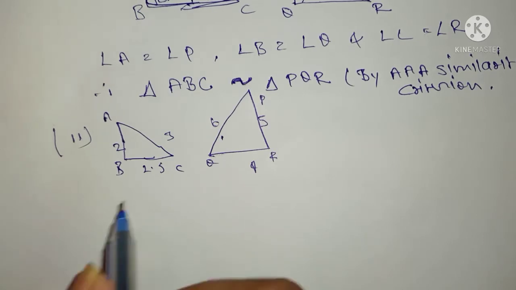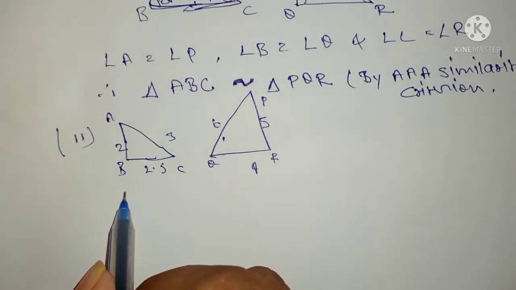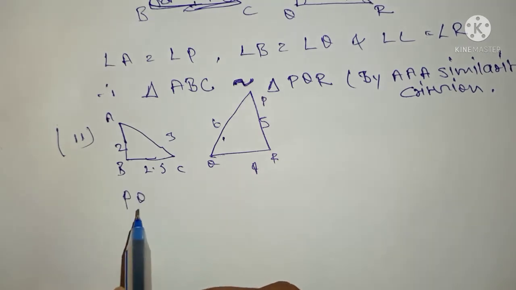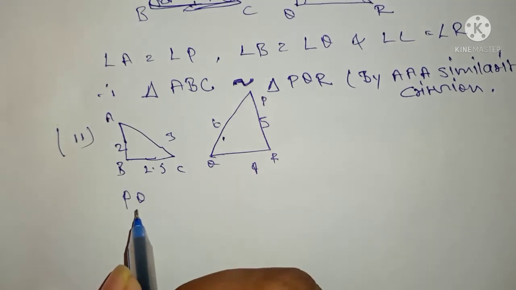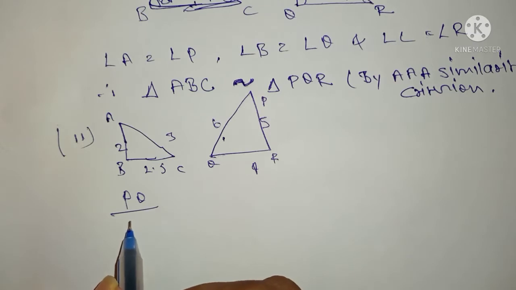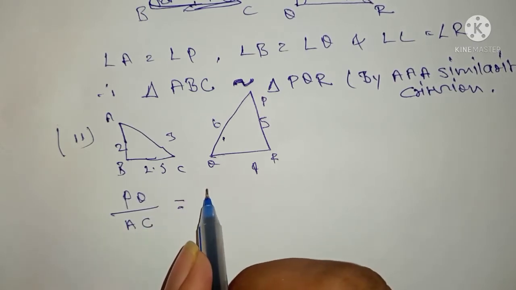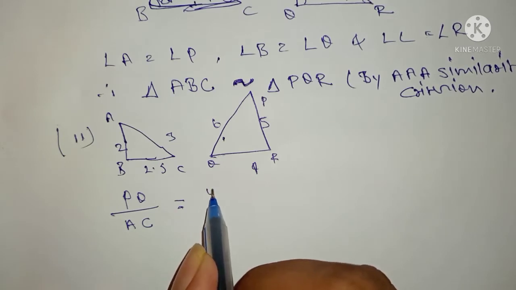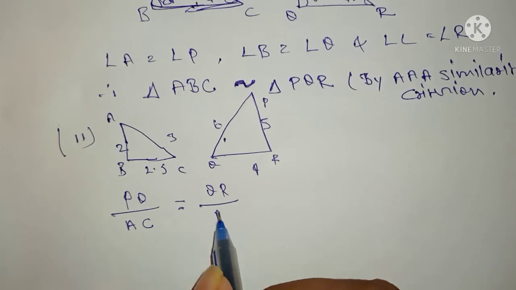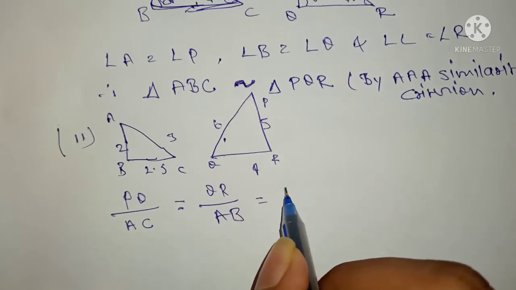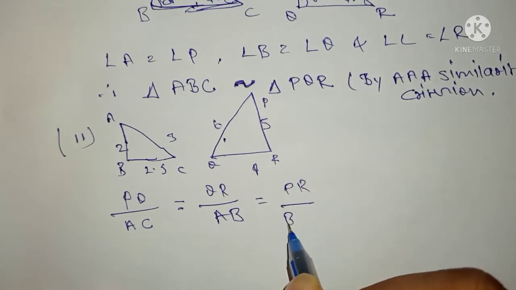So let's begin. Here what we can say is that PQ by AC is equal to QR by AB is equal to PR by BC.